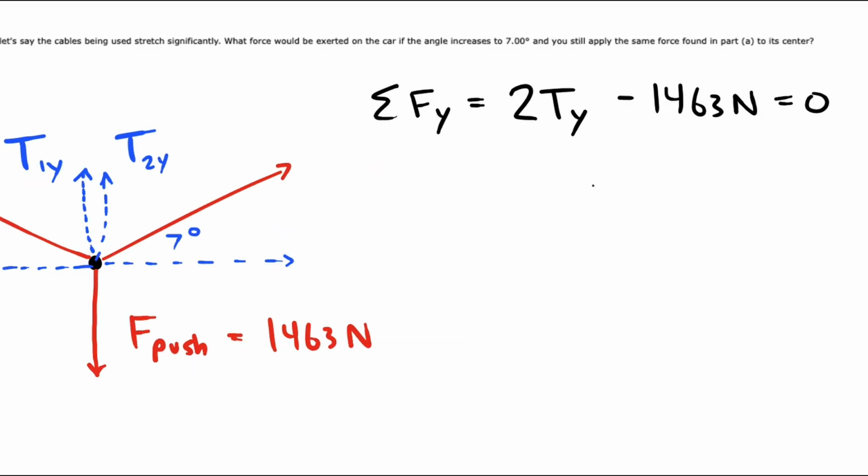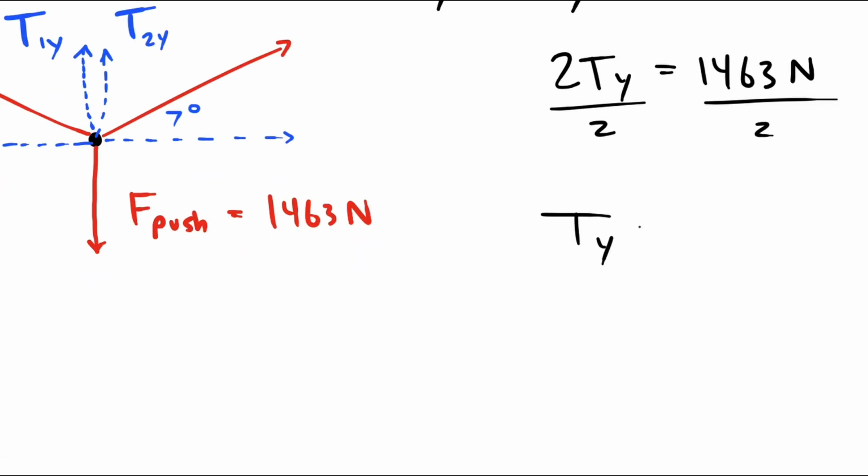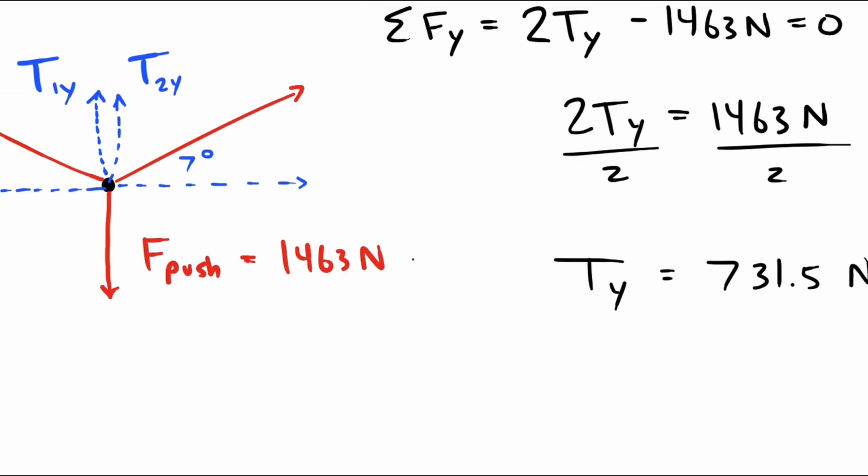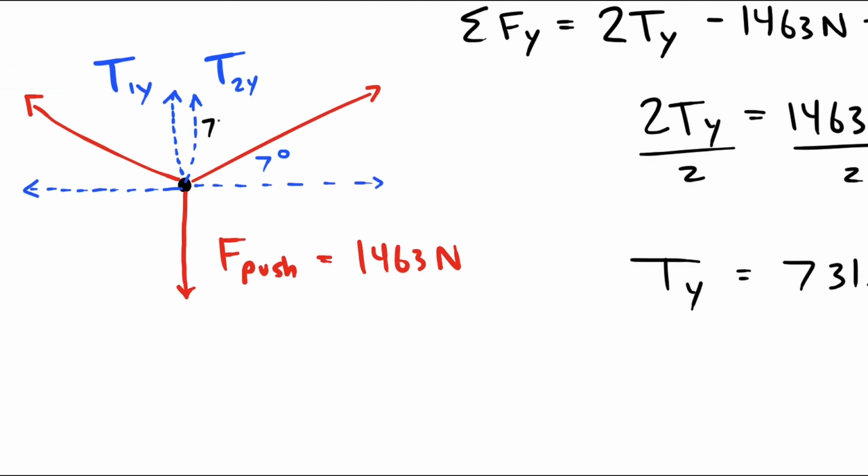This has to equal 0, so when you rearrange, you get that 2Ty has to equal 1463. You divide by 2, and get that Ty is 731.5. So now you know this.